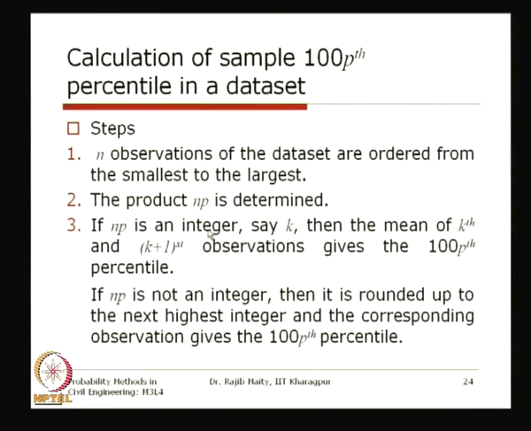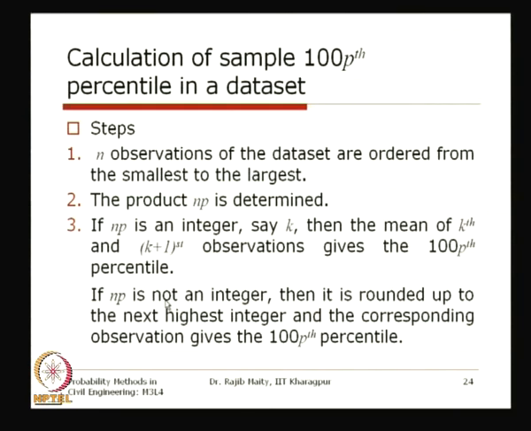If it is an integer, say k, then the mean of the kth and the k plus first observations is taken. These two observations are taken and their mean is calculated, and that gives the 100pth percentile.